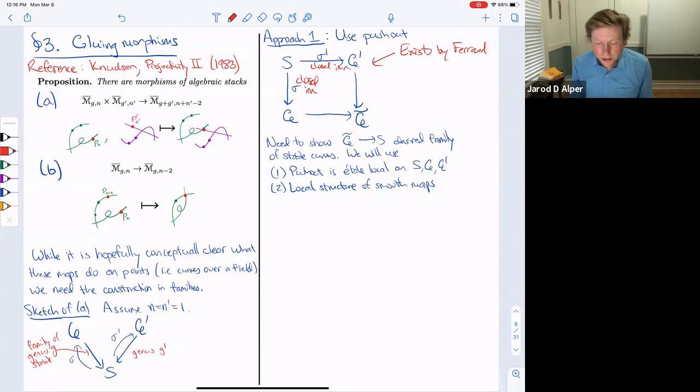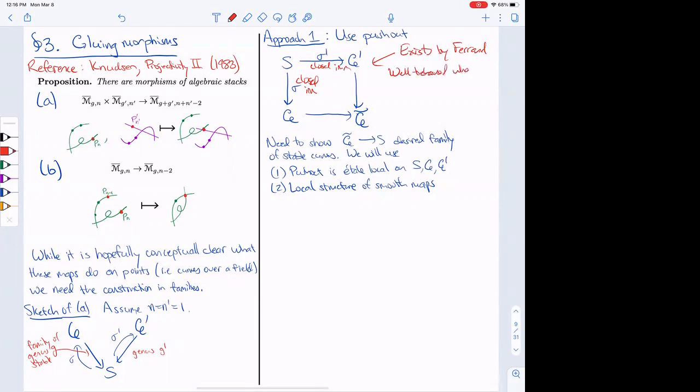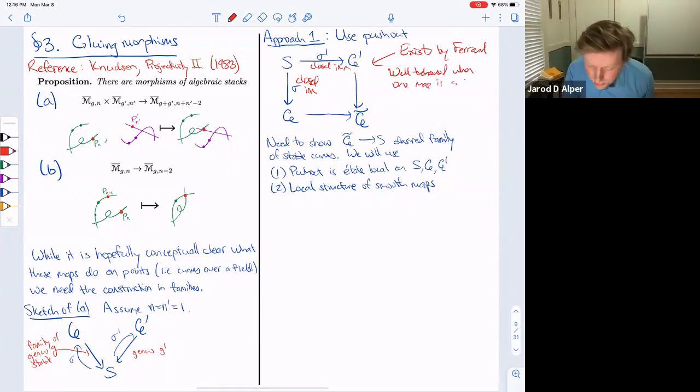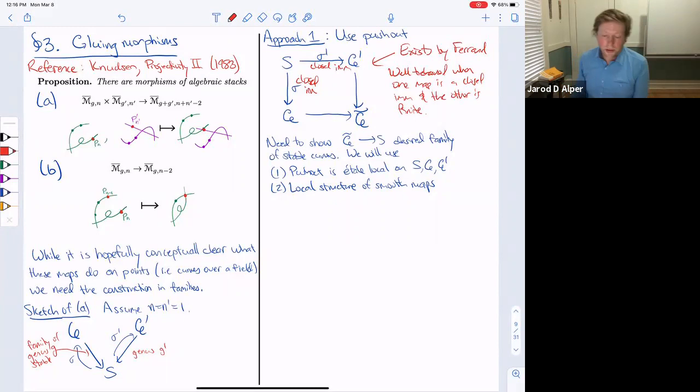More generally, they exist and their properties are well-behaved when one map is a closed immersion and the other is finite. But in this case, they're both closed immersions.